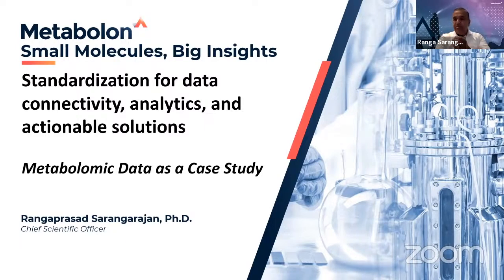Our name to fame is we are service providers for comprehensive profiling of human biospecimens and any biological specimens for characterization and profiling of small molecules. And then we generate the data, and once the data is generated, we provide interpretative services as well.